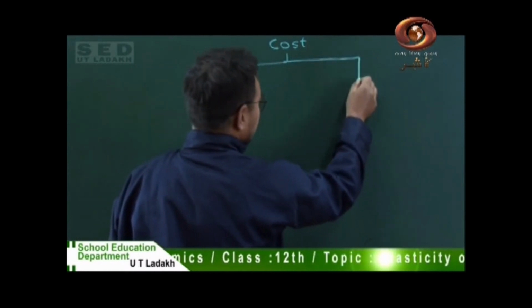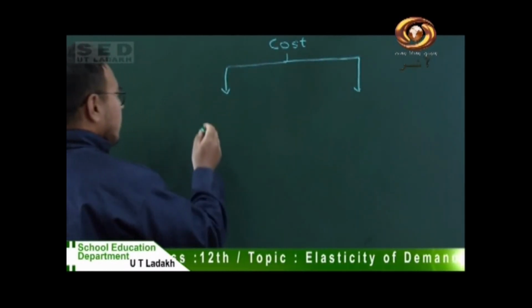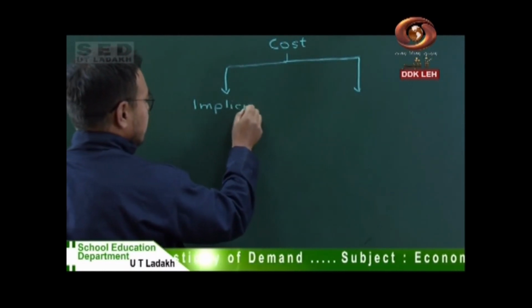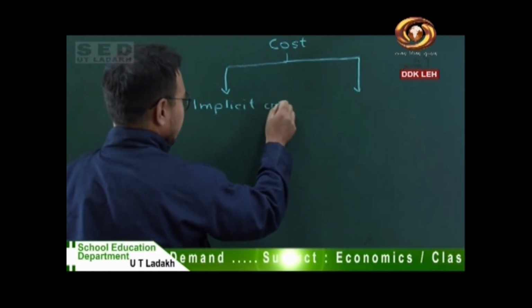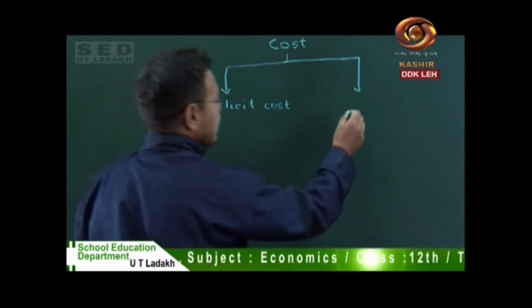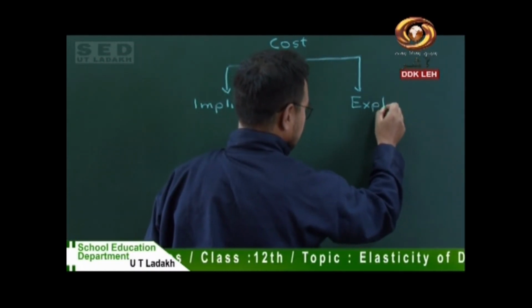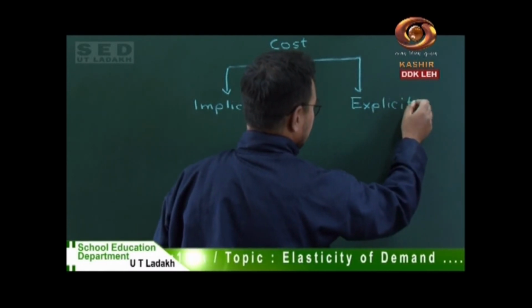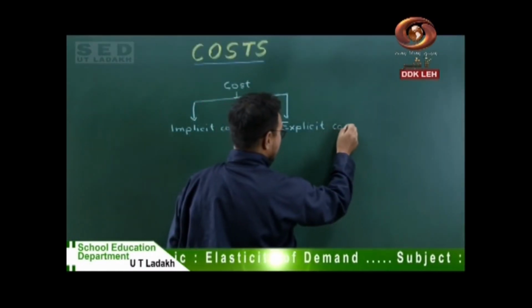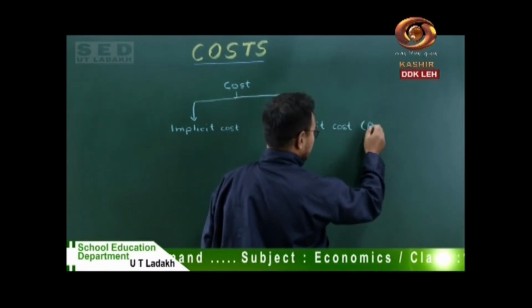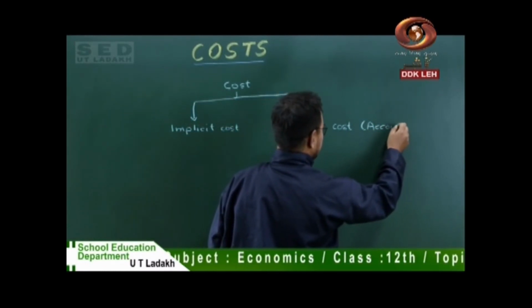will be of two types. One is implicit cost and the second one is explicit cost. Explicit cost is also known as accounting cost.